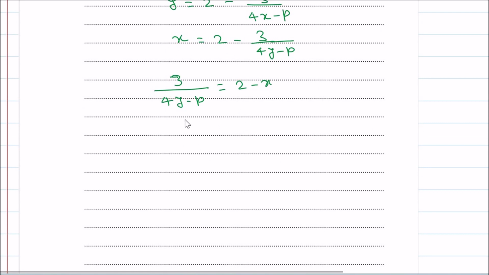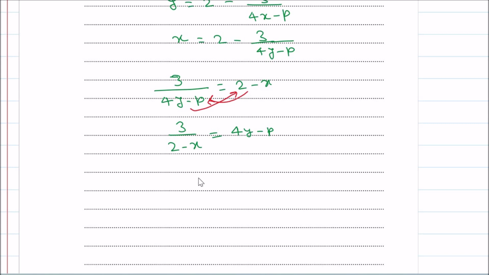Now we have to make y subject. So what we'll be doing, let us isolate this, 2 minus x comes here and we can write 4y minus p here. What happened, this goes there and this comes here, interchange.